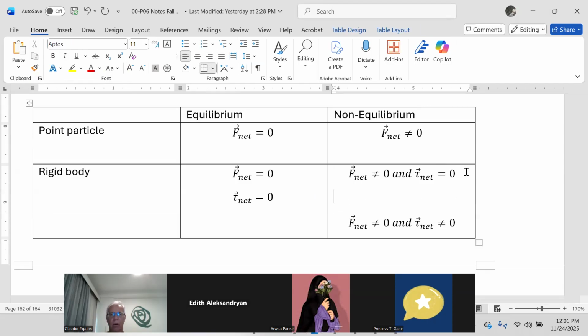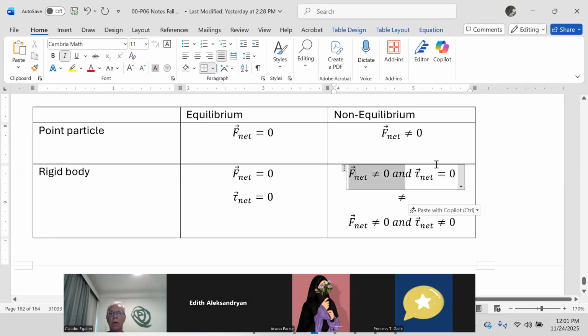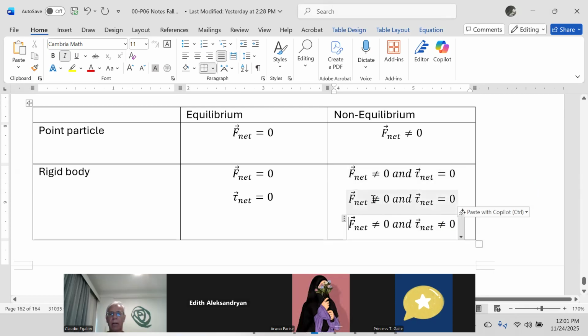And then we have this other situation in which net force is equal to zero and net torque is different from zero.